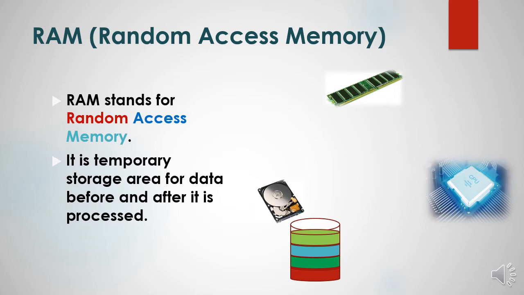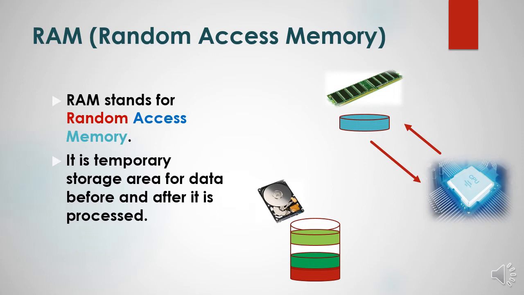Whenever we want any processing over data, data goes into RAM from hard disk like this. Then CPU or processor fetches data from RAM for processing. After processing, the result goes back to RAM.